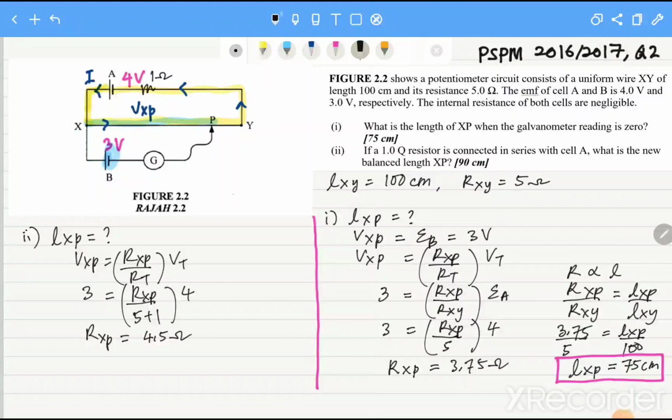Using the same method, we write the ratio RXP over RXY equals to LXP over LXY. RXY is 5 ohm, LXP over 100.